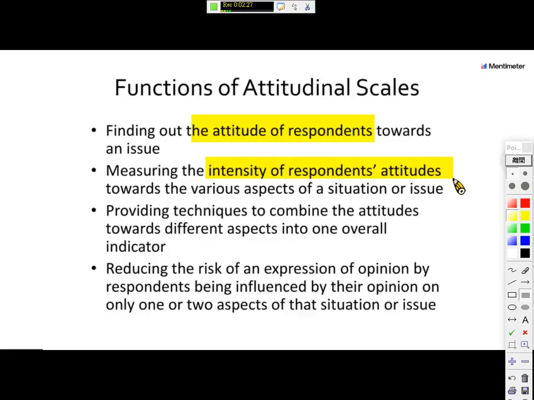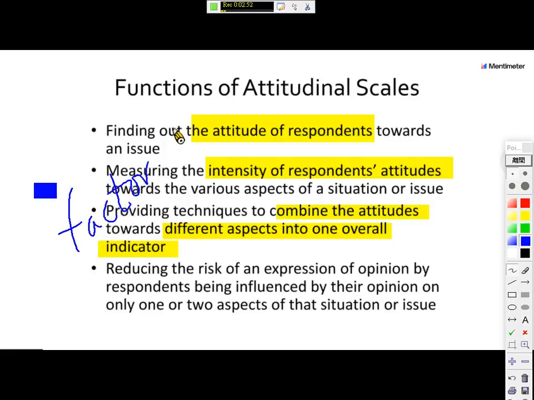And also, when we have an attitudinal score, we can use it to combine the different aspects into one whole indicator. For this, it's a little bit complicated for now, because you need to have some idea about factor analysis. Let me give you an idea.